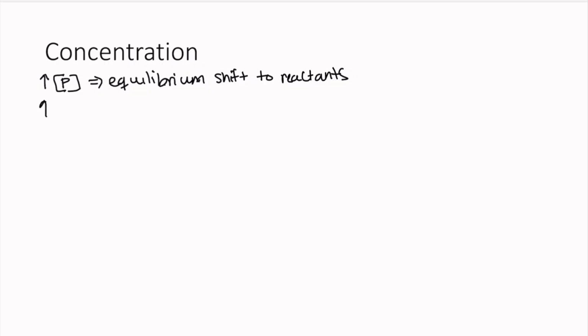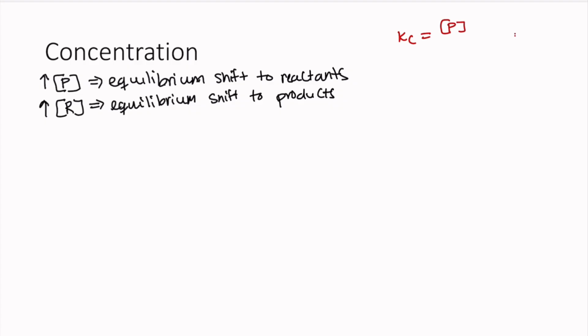If we increase the concentration of the reactants, then the equilibrium is going to shift to the products. Now remember, Kc is equal to the concentration of the products over the concentration of the reactants.